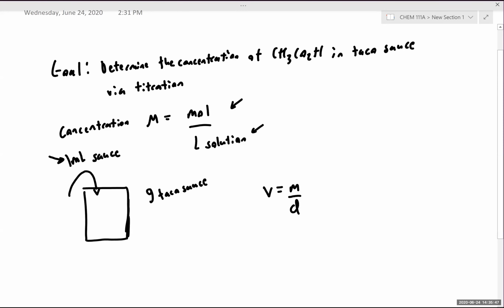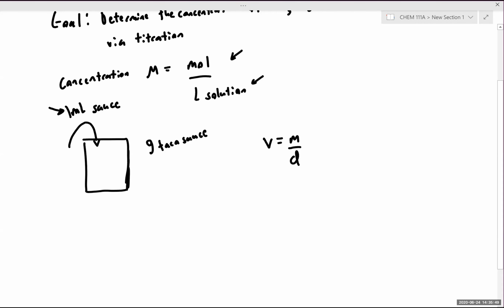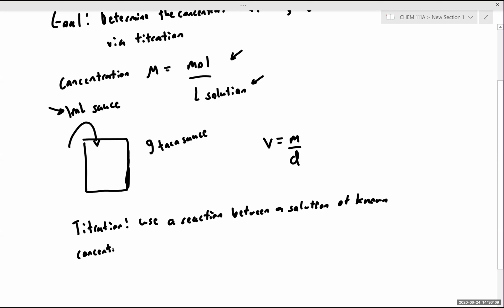Okay, now how do we figure out the moles? So in titration, the way that titration functions is that we use a reaction between a solution of known concentration that we call a standard solution.